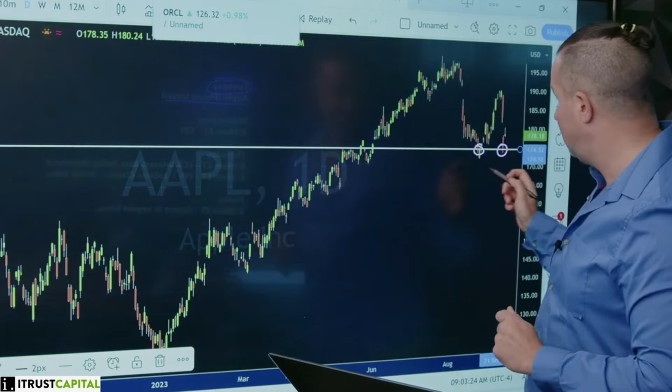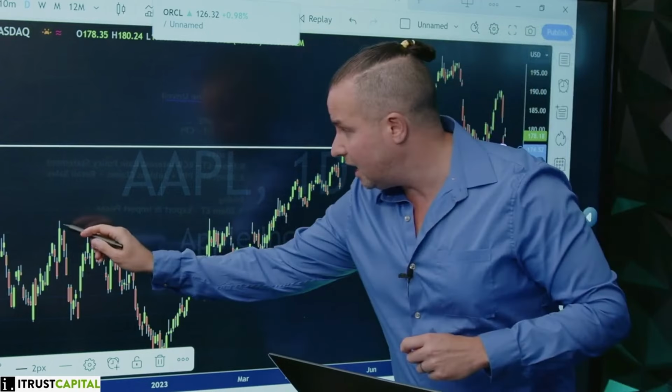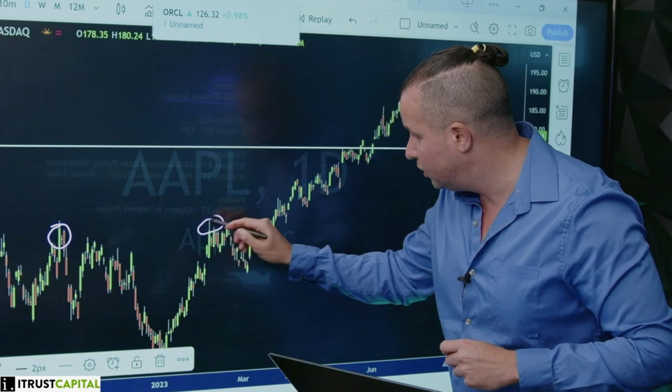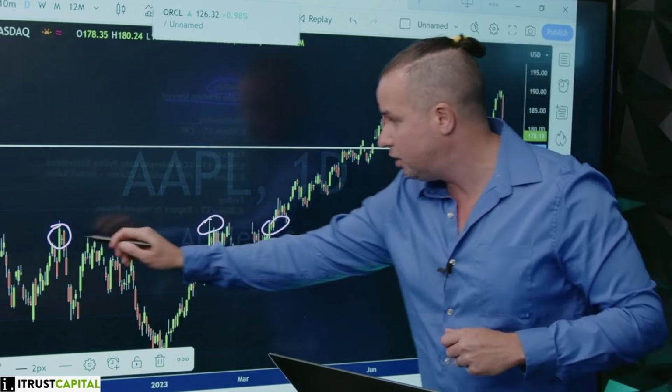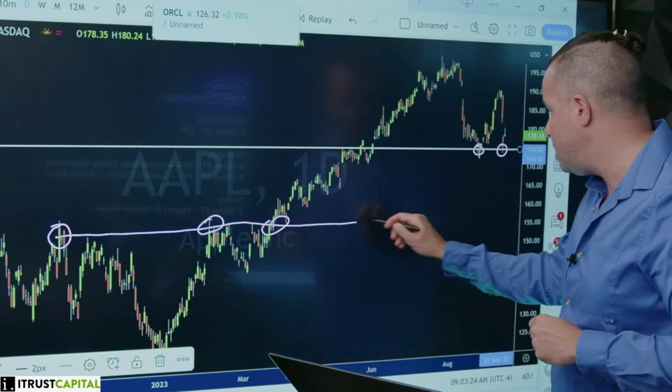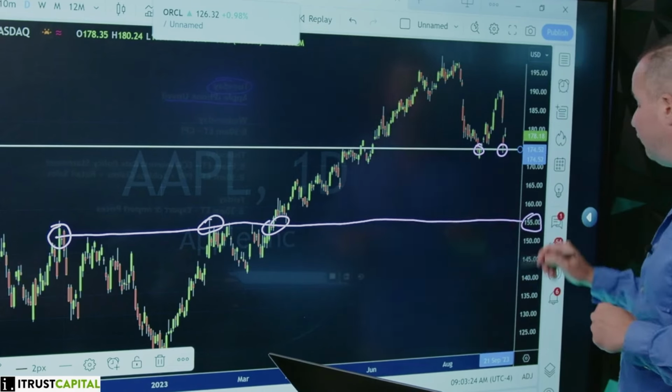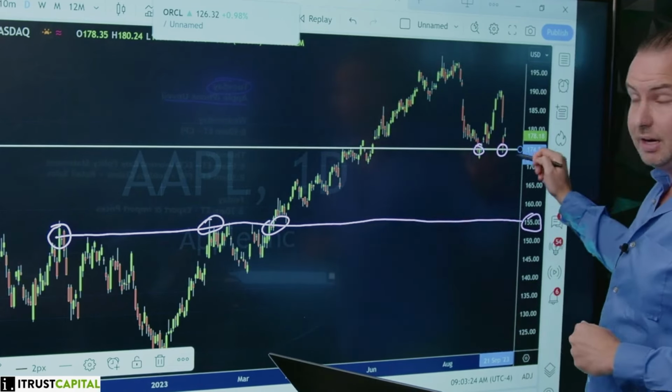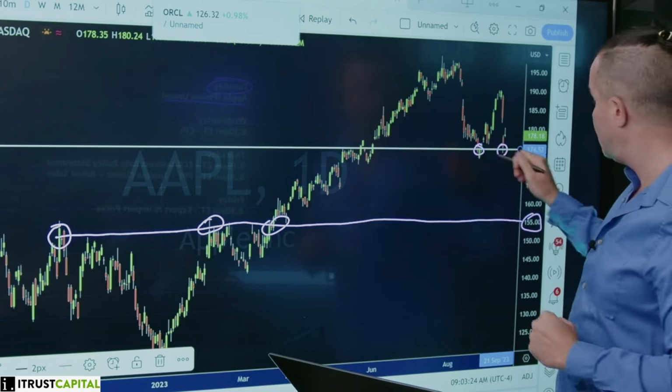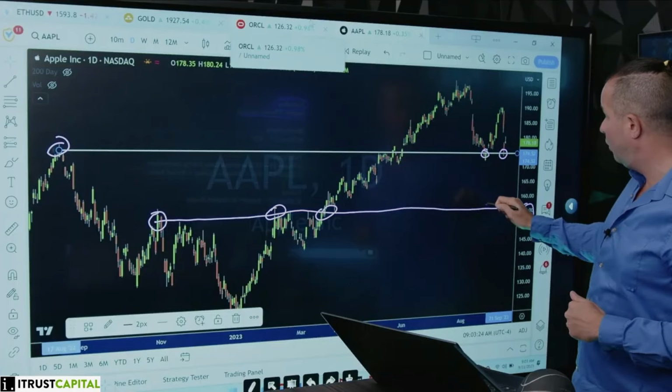If we close below that level, you're likely, check this out, guys, you're likely headed down to this area, which coincides with this area, which coincides with this area, and this will be your level to watch at 155. So you break on a daily closing basis 174.50, you're going all the way down here.